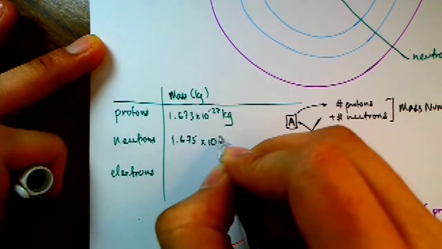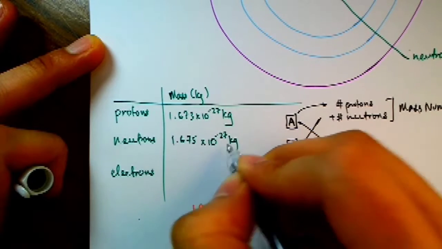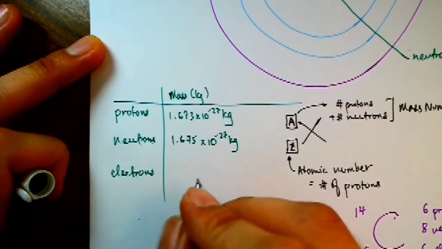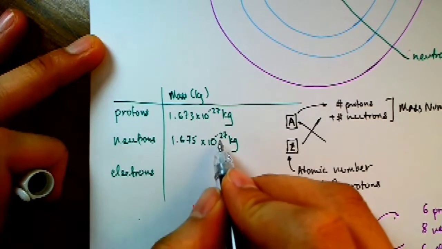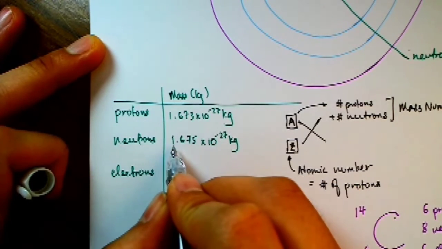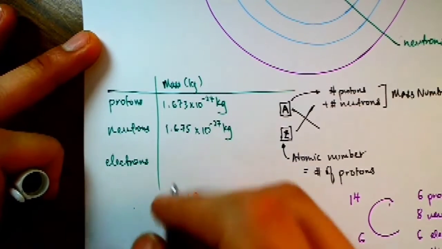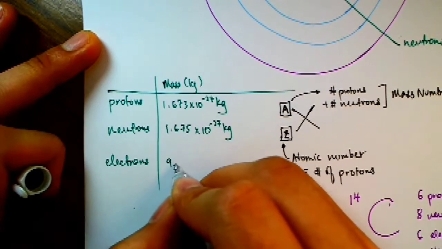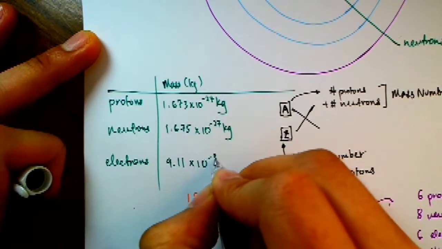Actually they are very, very small. The atom itself is a small thing, and inside the atom there is the nucleus, and in that nucleus we have protons. Similarly neutron, 1.675 into 10 power minus 27 kg.